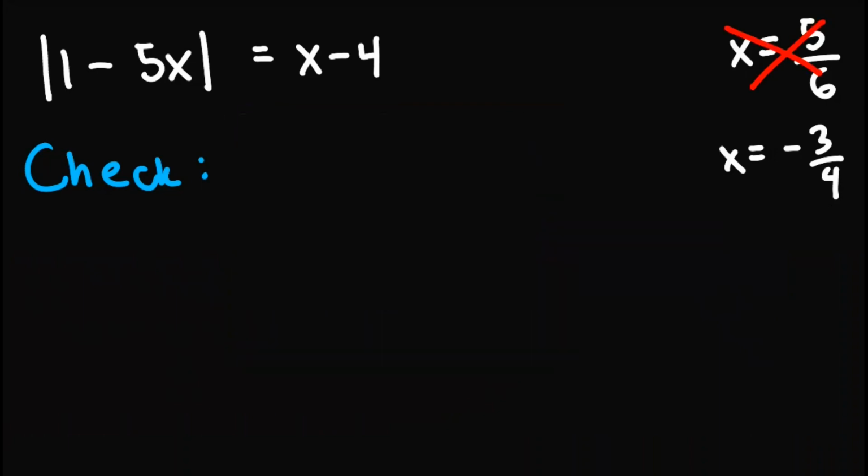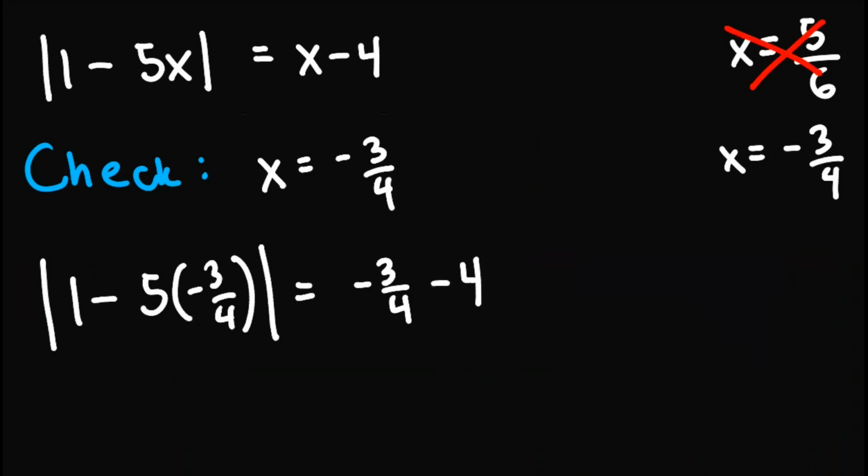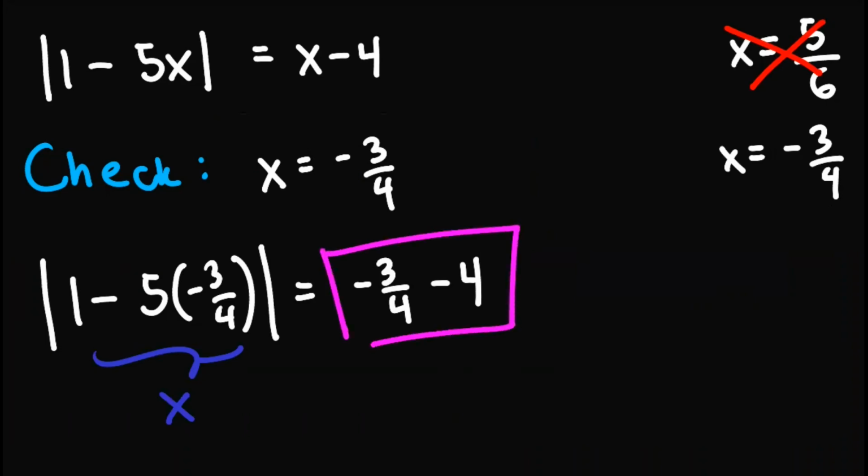How about the other one? At x equals negative 3 over 4, we'll have the absolute value of 1 minus 5 times negative 3 over 4, and this one is equal to negative 3 over 4 minus 4. Again, we don't need to simplify this one anymore, because negative 3 over 4 minus 4 is a negative value.